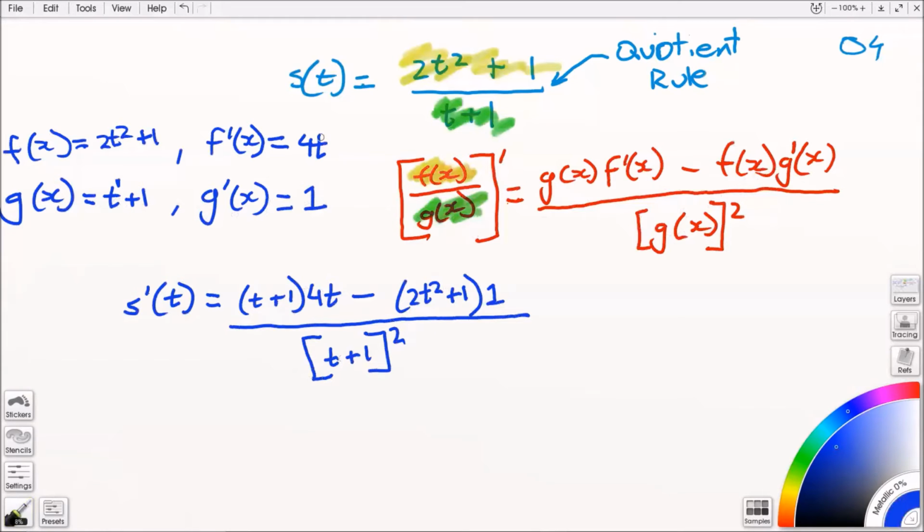And that is how we applied the quotient rule in order to derive the initial function.